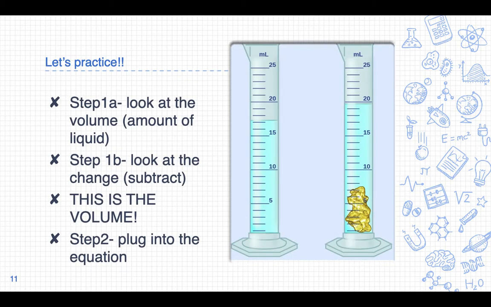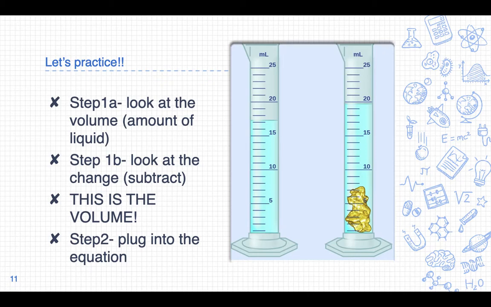This is the practice one that we're going to do. So when we solve for density with what they call water displacement, we have to get the volume first. To get the volume first, you have to look at the two graduated cylinders and look at the differences in the water. So in the first one, it's about 17 milliliters, and then I put this random little rock in it, and it goes up to 20. So if I take 20 and I subtract 17 from it, that gives me 3.